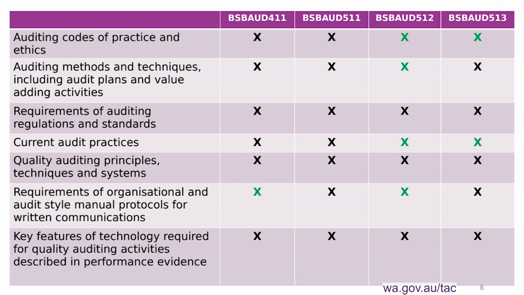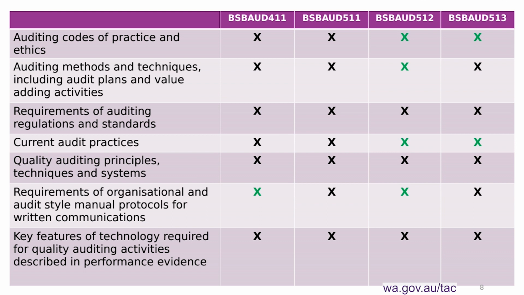So I've looked at the elements and performance criteria and the performance evidence, and I've asked myself the question: if I had that knowledge evidence, would it be required to actually do these tasks? The crosses in black are where that knowledge evidence would be required to do the task in the rest of the unit.